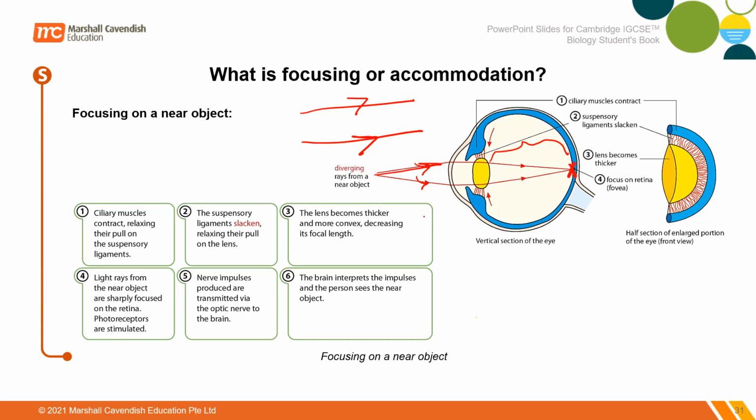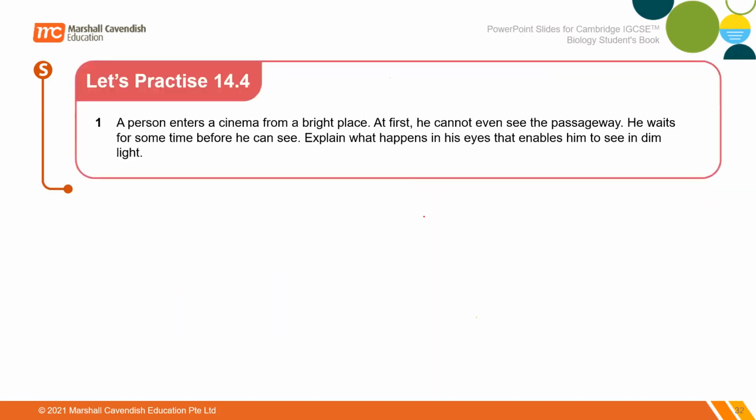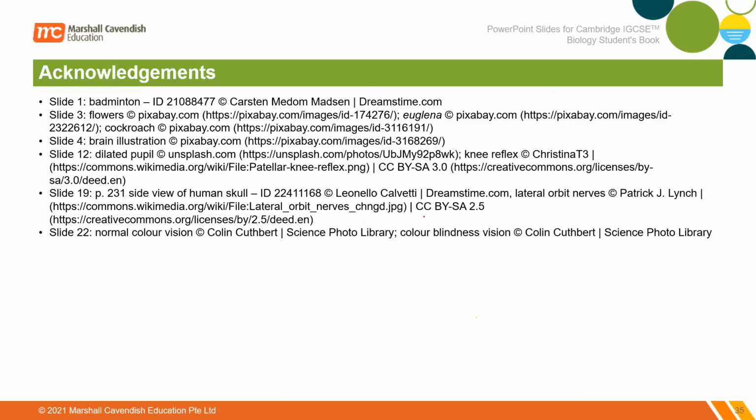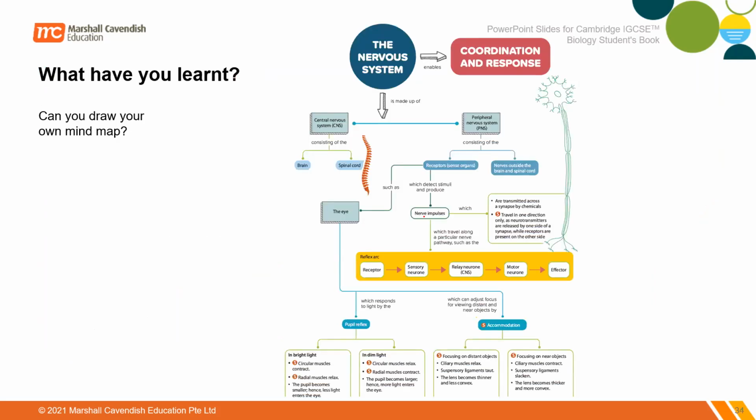And we can continue the same way. The impulses will be transmitted through the optic nerve and translated in the brain, and the image will be clear if we adjusted this. That's for the eye accommodation.